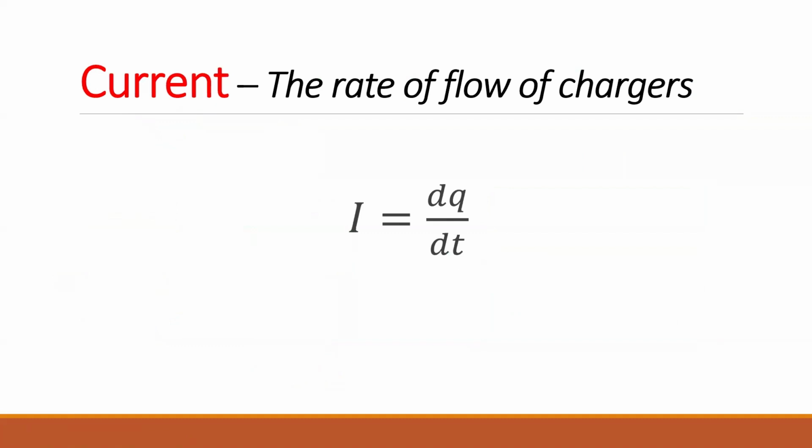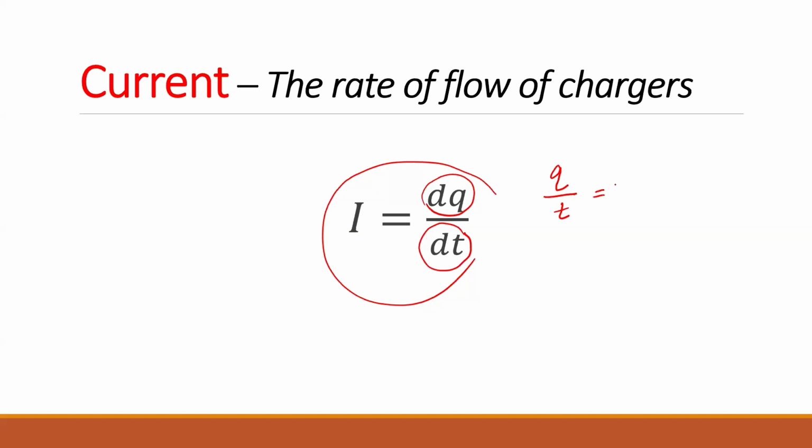Current is the rate of flow of the charges. We know electrons are moving, so how fast these electrons are moving, that we call the current. We use Q for the charge and T for the time. How fast, Q divided by T, gives us the current.